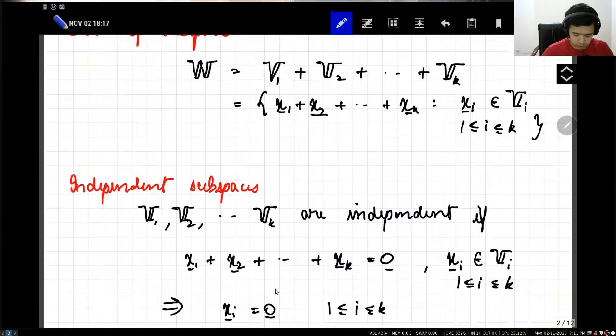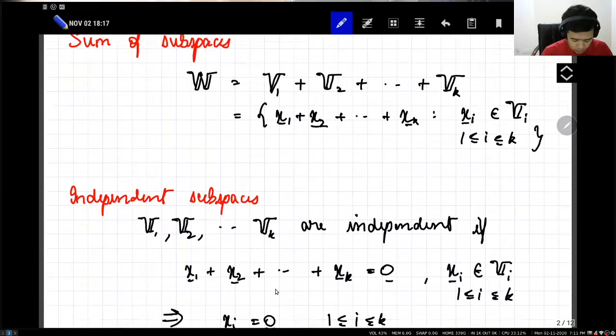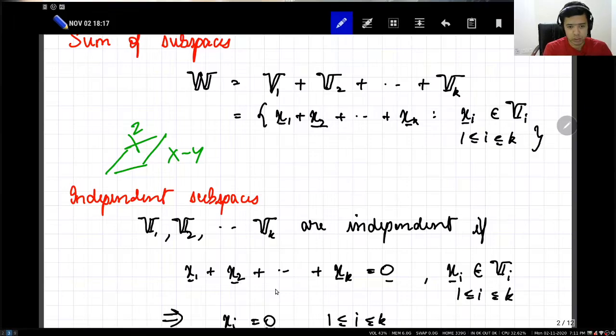So for example, if I take the xy plane as V1, and maybe the z-axis as V2, then the sum of these two subspaces would be R3, right?